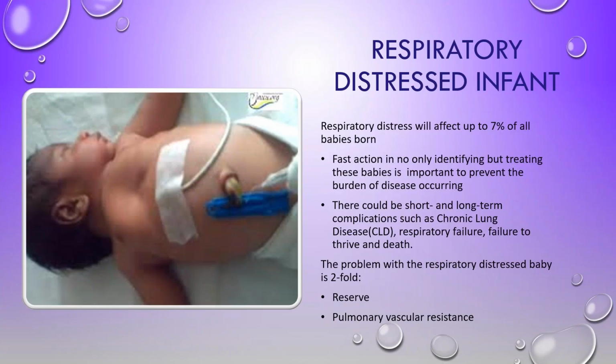So respiratory distress will affect up to about 7% of all babies born. Fast action, not only identifying but treating these babies, is important to prevent the burden of disease.